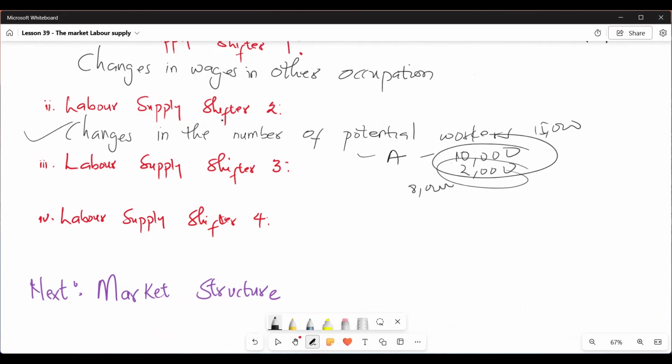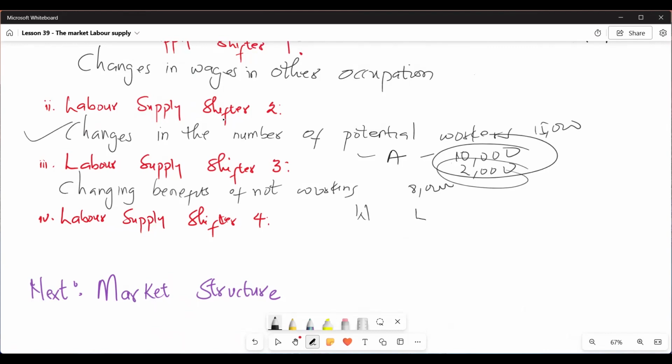Now, the third thing that shifts the labor supply curve is changing benefits of not working. What we have to remember here is that the decision to work or not work is usually driven by comparing the wage with the foregone benefit of not working. In our previous lesson, we talked about work and leisure.